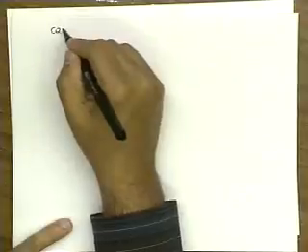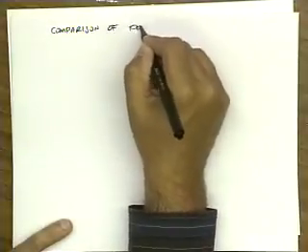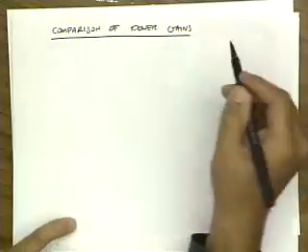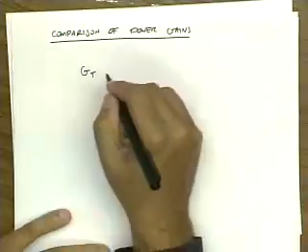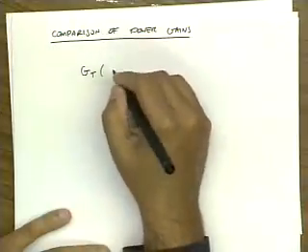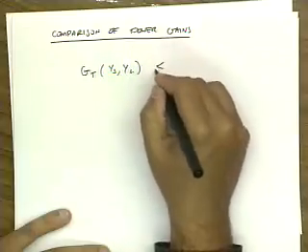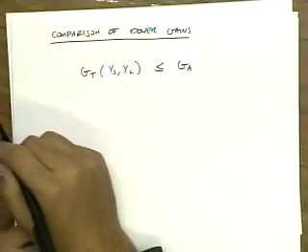Last lecture, we were comparing the various power gains. And what we did is we first showed that the transducer gain, which is a function of both Ys and Yl, is always less than or equal to the available gain.